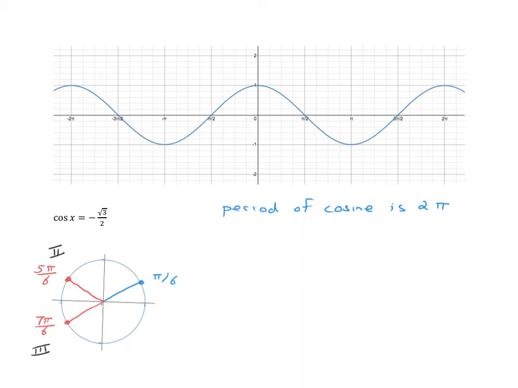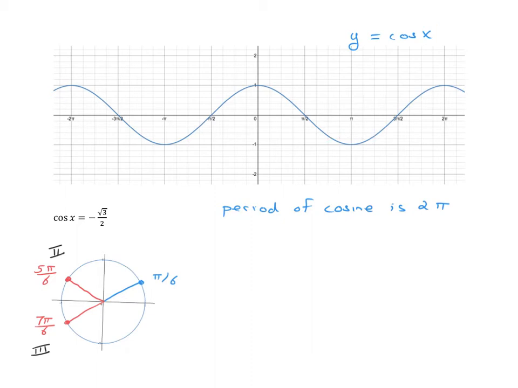Now, where does that show up within the graph of y equals cosine of x? So again, this is the function of cosine. Well, if you want cosine to equal a negative value, and it's going to be negative root 3 over 2, so something right about here, I see there's an angle here and an angle here. There's two spots where that happens.